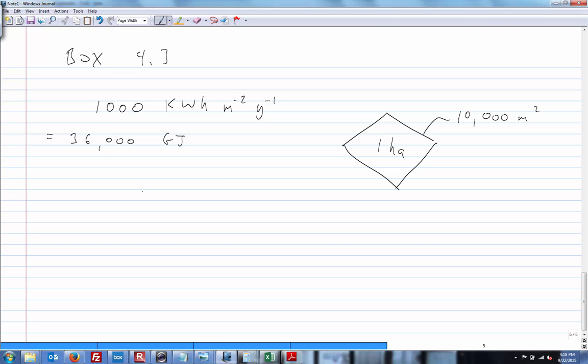So let's look at this. 12% hits the leaf, so I'm just going to, in fact, I'll use this symbol now. So eta leaf, that eta is the symbol for efficiency. If you remember from 101, that's just energy out over energy in. So equals 0.12.